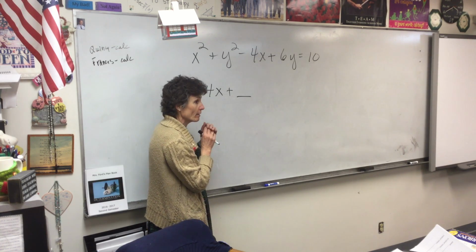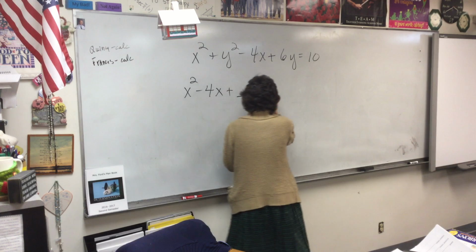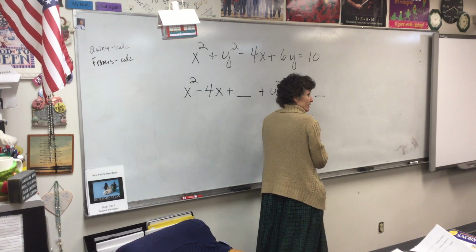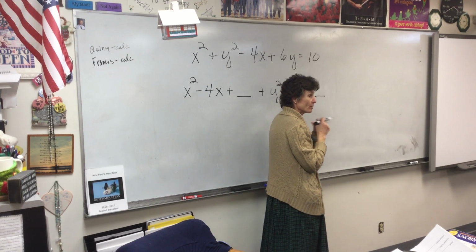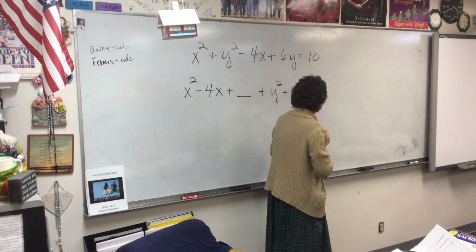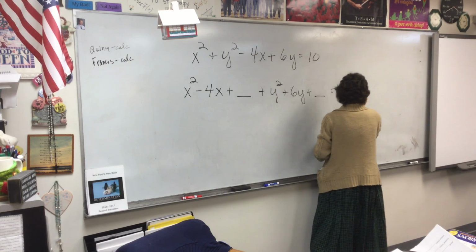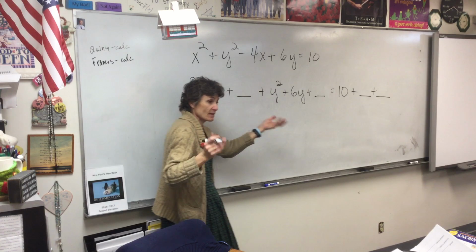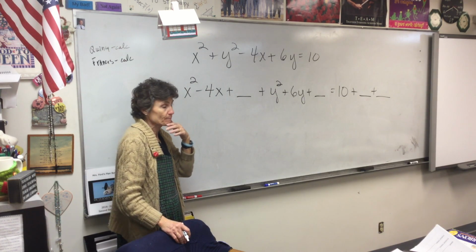Half of this and square it. Would you put the parentheses? Now I'm going to do my y's together, and I'll leave a blank because I've got to complete the square there too. There are 2 squares in the equation, so I've got to complete both of them. And 10, and there are my 2 blanks, because whatever I add on the right side, I have to add on the left, right? Vice versa.